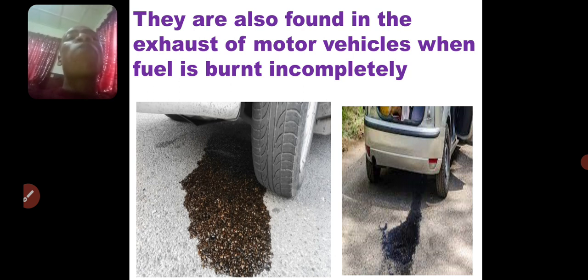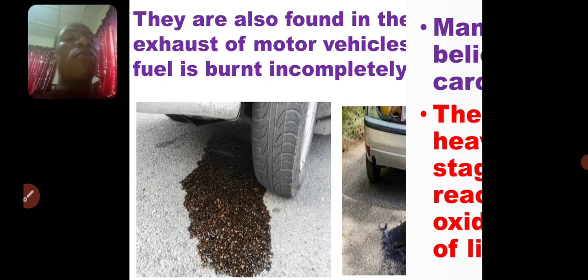So when there's incomplete combustion of fuel, apart from smoke coming out, carbon(II) oxide can come out, and also methane gas can be produced by incomplete combustion. So I've mentioned that hydrocarbons get into the atmosphere by evaporation from storage tanks, by leakage of storage tanks, and by incomplete combustion of fuel from the exhaust pipe.